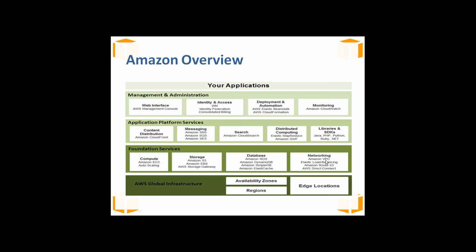Networking is also divided into four services: virtual private cloud, load balancing, Route 53, as well as Direct Connect. Let's talk about each one. The virtual private cloud is used for launching your Amazon Web Services in a virtual network, and you can have public or private subnets. It also provides hardware VPN, virtual private networking.